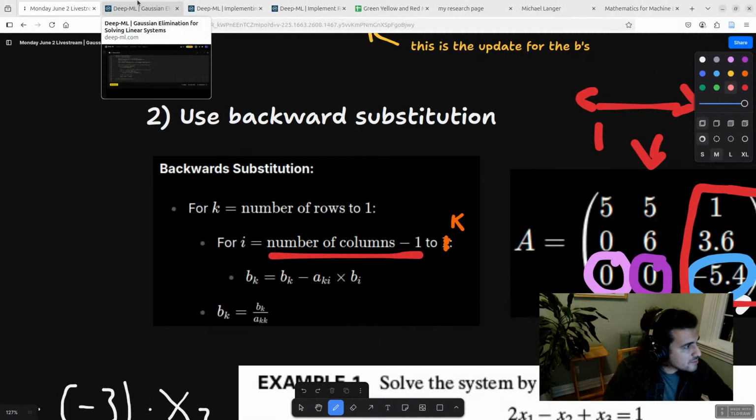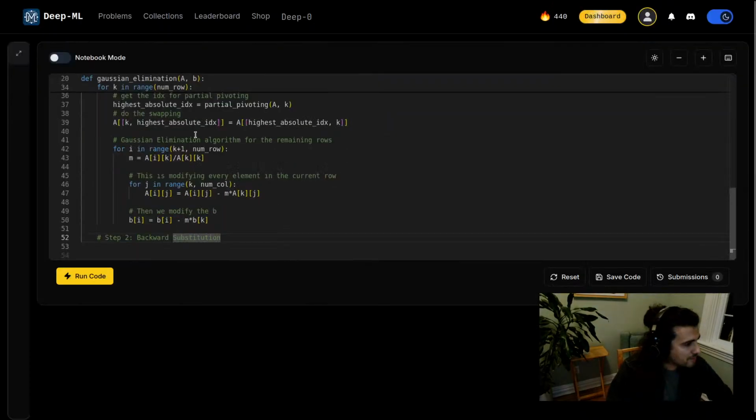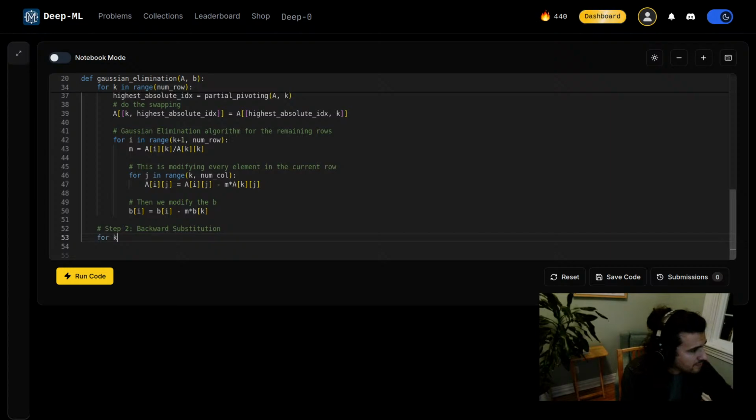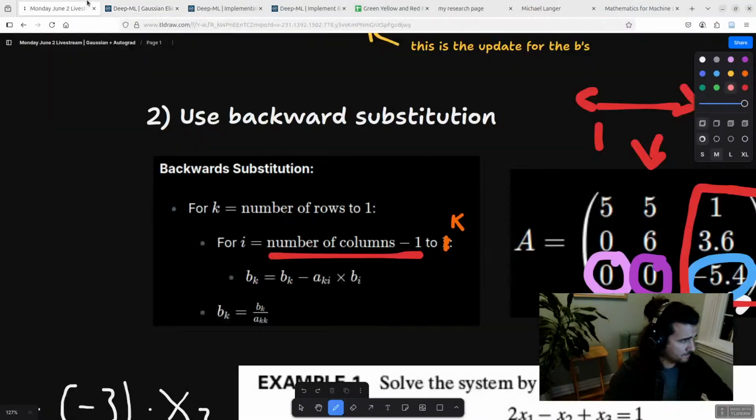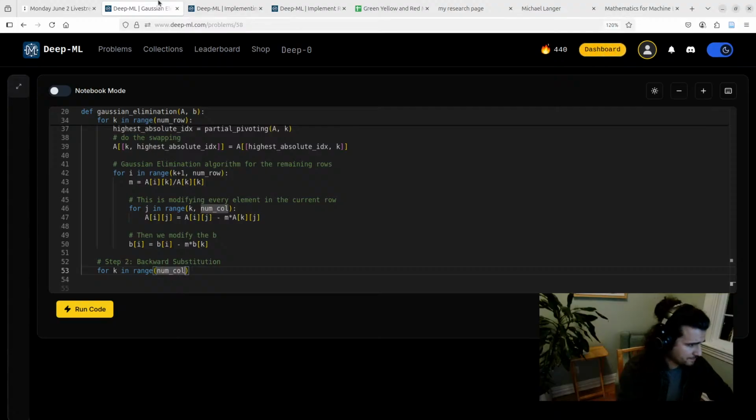So for k in range, num row, sorry, num row to 0, we're gonna go this way to -1, I think.